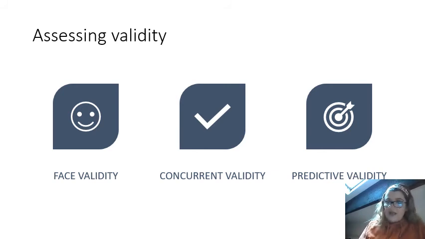With any statistics, the research that we do, we can predict what's going to happen in the future. Again, those are statistics, not always true, but that is one way of assessing validity. Can we predict our outcomes based on past performance?